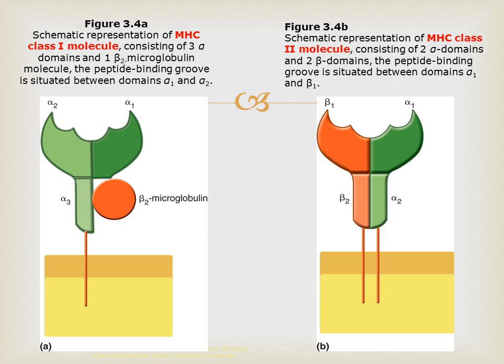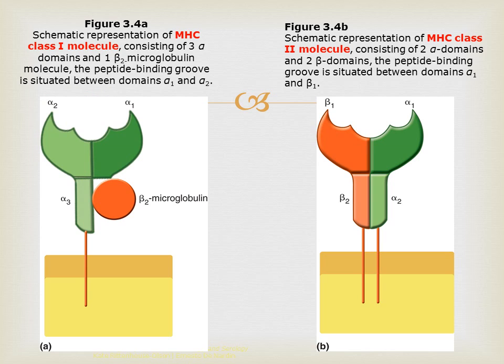Looking at the 2 different types of MHC molecules, over here on the left we have an MHC class 1 molecule consisting of 3 alpha domains, alpha 1, alpha 2, alpha 3, and then there's a beta 2 microglobulin area nestled off to the side with 1 point of attachment to the cell that possesses it. Note that up here in this area is the antigen binding region.